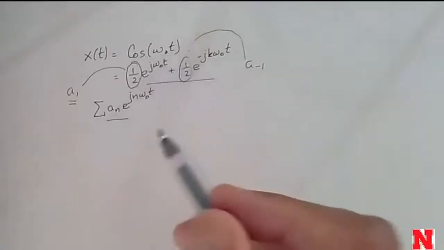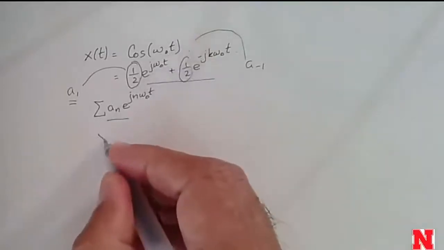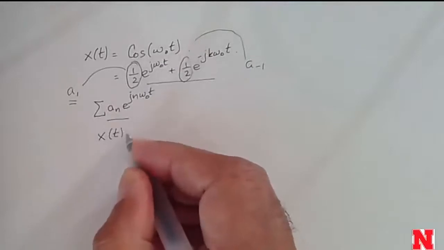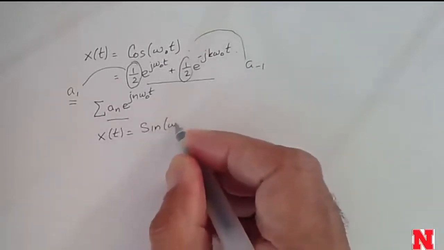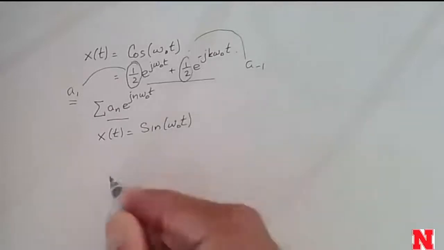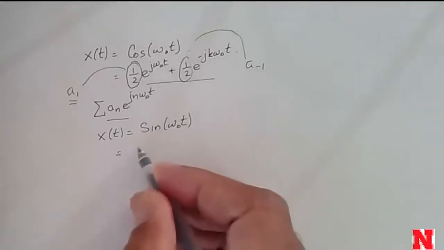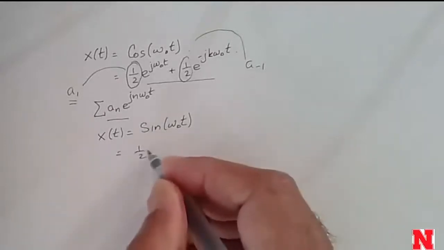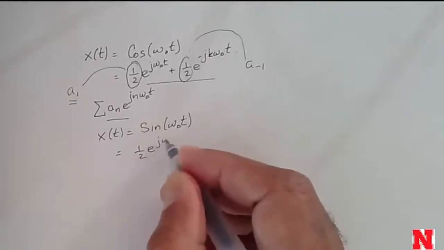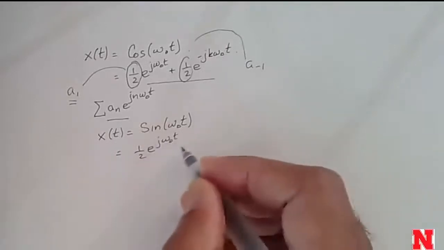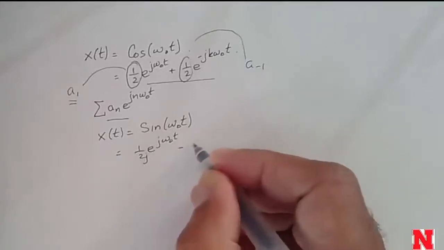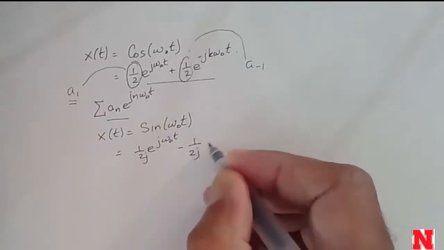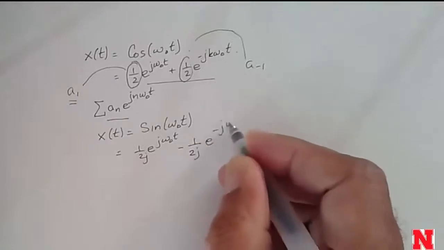Okay? We can do our other simple functions. So we can write x of t to be sine of omega naught t. And we know that this is 1 over 2j e to the j omega naught t, minus 1 over 2j e to the minus j omega naught t.